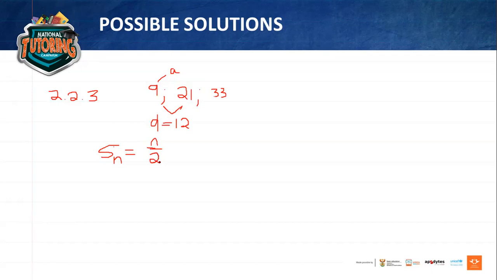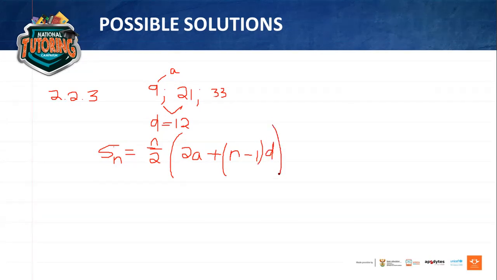It's n all over 2, open bracket, 2a plus n minus 1, close bracket, multiplied by d.